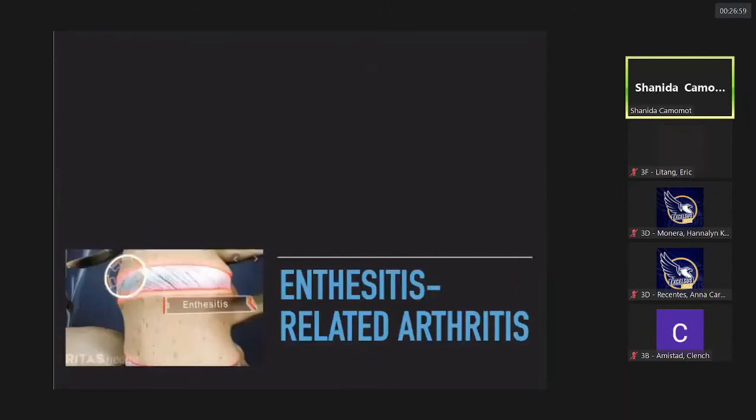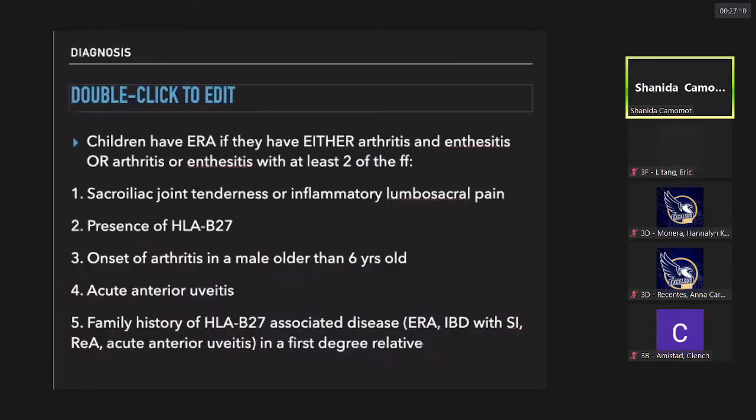Now let's go down and be detailed in the following conditions. So let's start off with enthesitis-related arthritis.